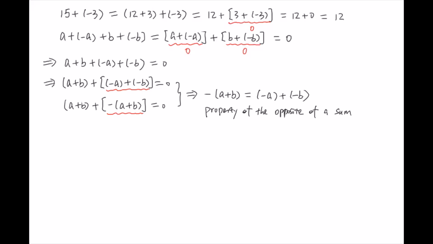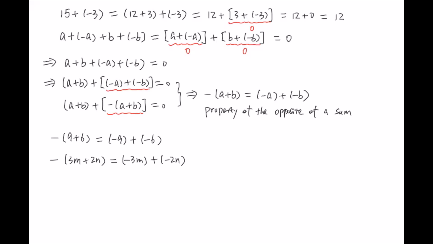This property can be used to remove the parentheses that are preceded by a minus sign. For example, negative (9 plus 6) equals negative 9 plus negative 6, or negative (3m plus 2n) equals negative 3m plus negative 2n.